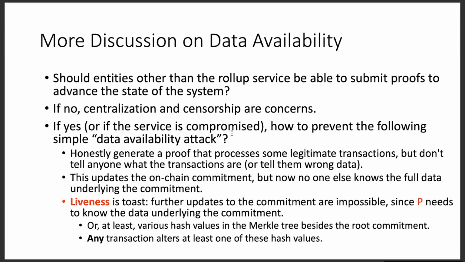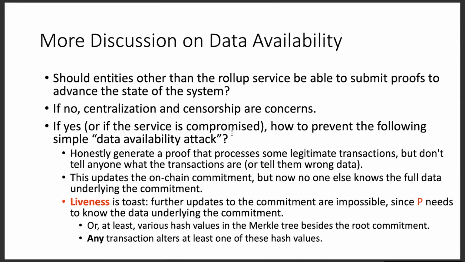There's a commitment now to an updated state of the world, but no one but the attacker knows the new state of the world. So the whole rollup is bricked. No one else can advance the state of the world. Because to do so, you have to know a bunch of authentication information, and even a single transaction is going to affect authentication information for the whole state, for any piece of data. Does that make sense?